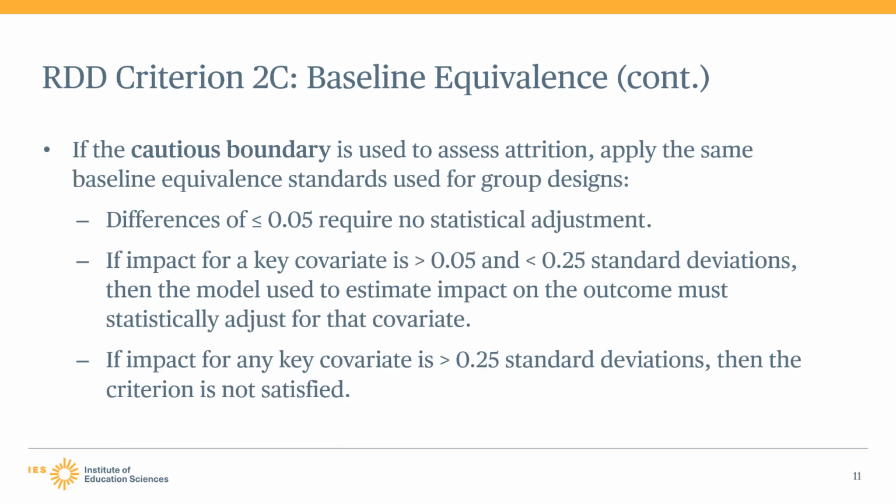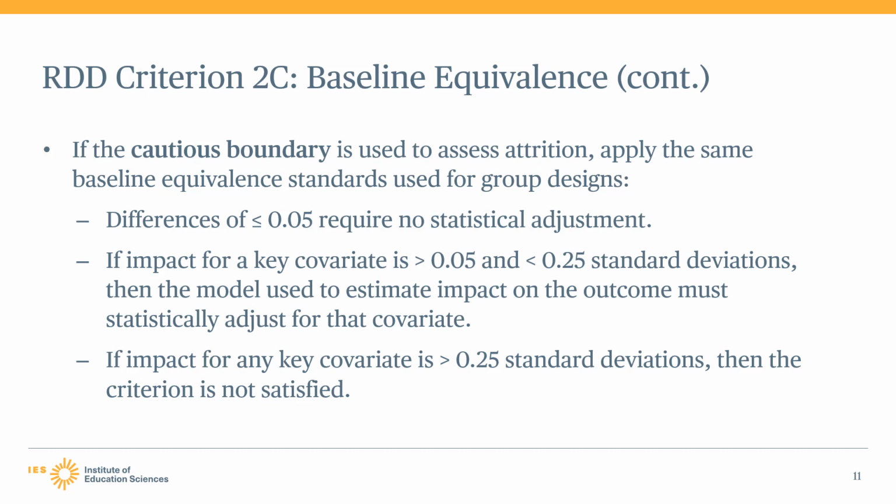The baseline equivalence standard for other group design standards applies to the findings from RDDs. Namely, if the impact for any baseline covariate is less than or equal to 0.05 standard deviations, then no adjustment is required.